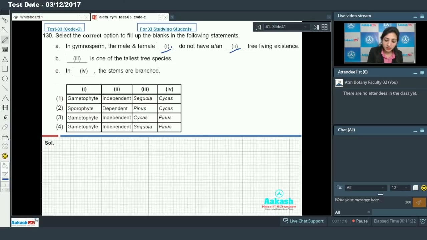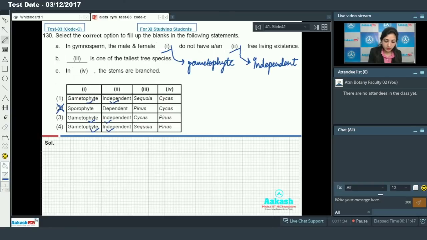In gymnosperm, male and female gametophyte do not have an independent free living existence. So by this, one option is ruled out and all the rest options are true.